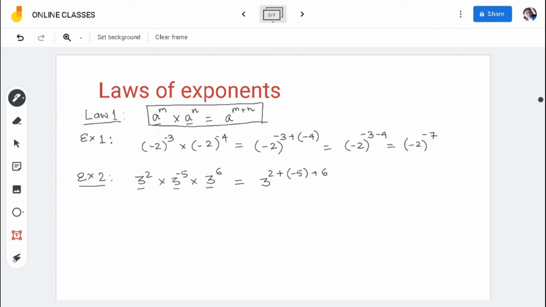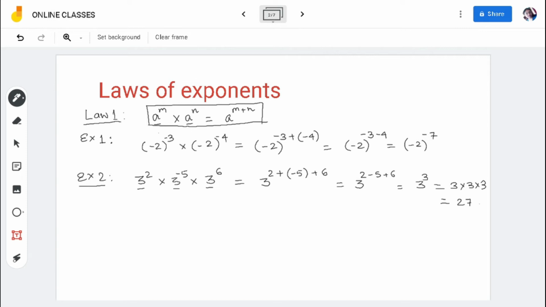So we have to add this 2, minus 5 and 6, and this can be written as 3 to the power, we know that plus into minus is minus, so it will be 2 minus 5 plus 6, and this can be written as 3 to the power, we know that 2 minus 5 is minus 3 and minus 3 plus 6 is plus 3. So the answer will be 3 into 3 into 3, and that can be written as 27. So in this way we have to use the law, right?